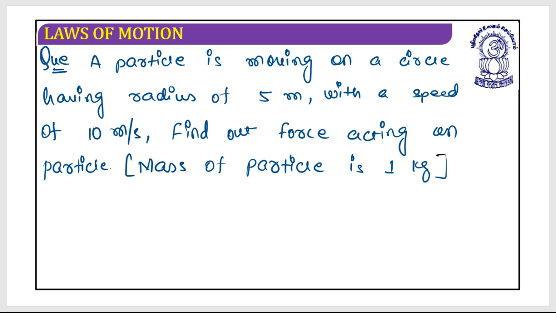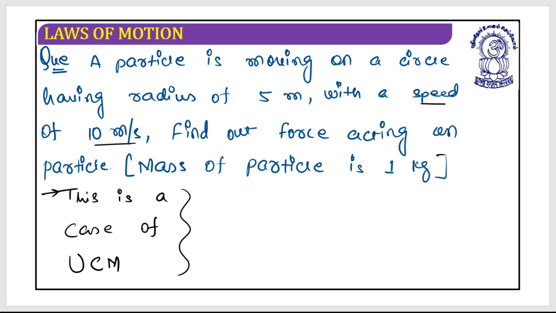How could I check it? If my speed is changing, it is non-uniform circular motion. But if my speed is not changing, it is uniform circular motion. Here a speed is given that is 10 meter per second. So this is the case of UCM, uniform circular motion.